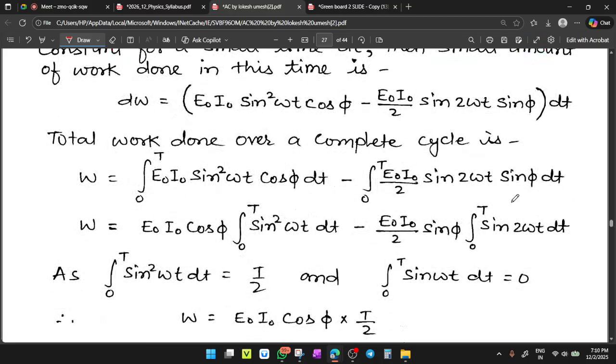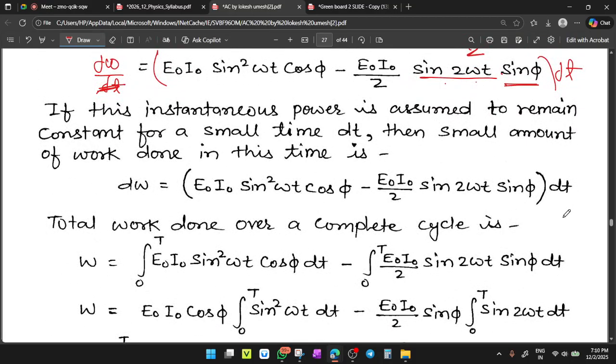So the work done over a complete cycle may be given by integrating this, so you will have the total work done. Integrate within the limits 0 to time period. For one complete cycle, you have to integrate it over 0 to T. So take the integration limits 0 to T of E naught I naught sin square omega t cos phi dt minus E naught I naught by 2 sin 2 omega t sin phi dt.